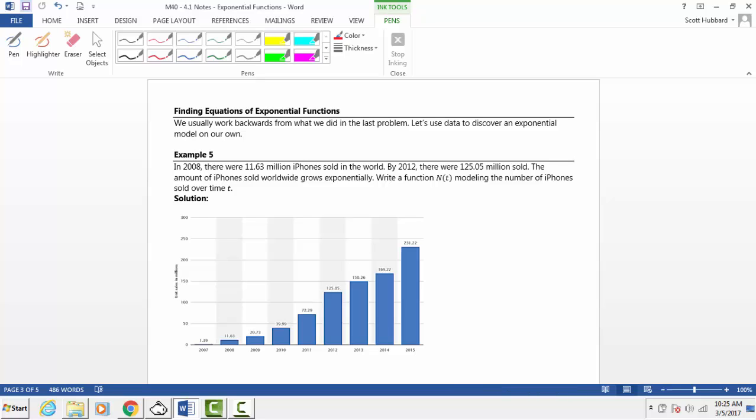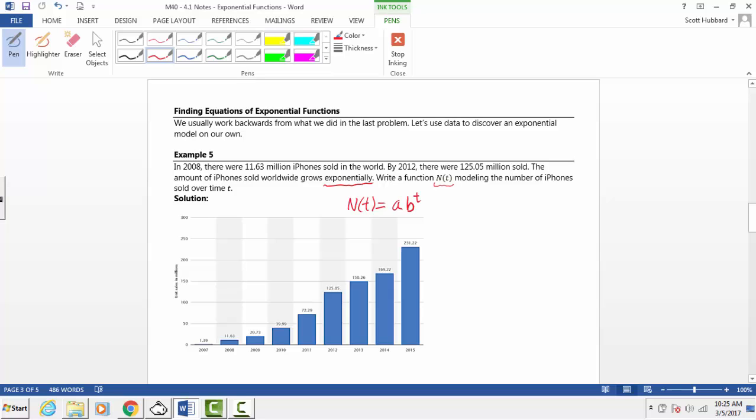And this one I had told you anyways that it was an exponential model. So since I know it's an exponential model, I can go ahead and write out what the basic form of a model is. They said they wanted an N of t. So I know my model has to look like this. N of t is equal to some first number times b to the t.